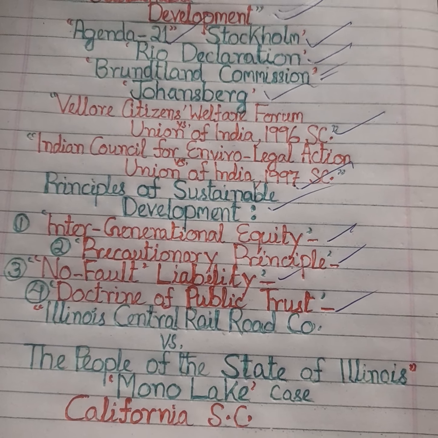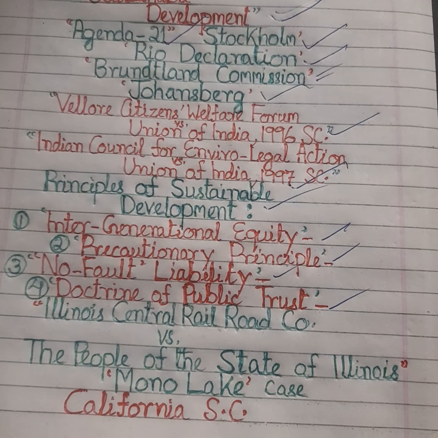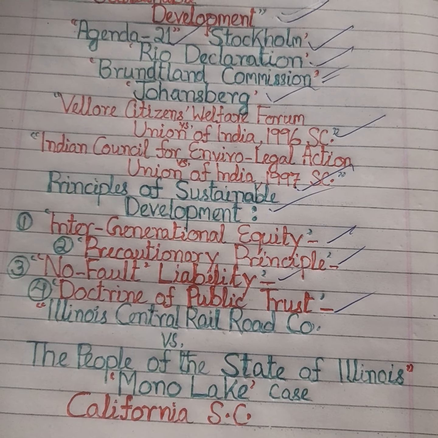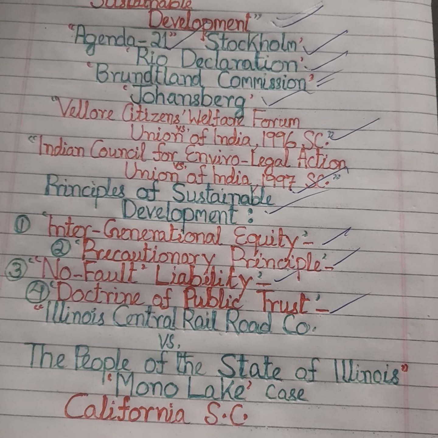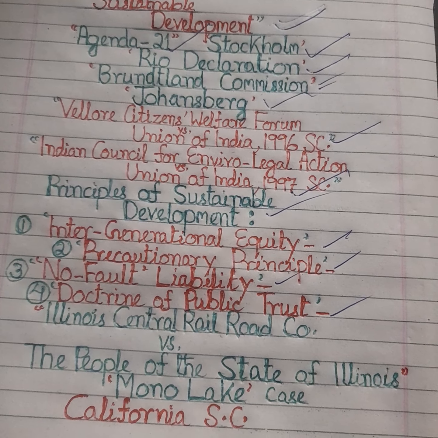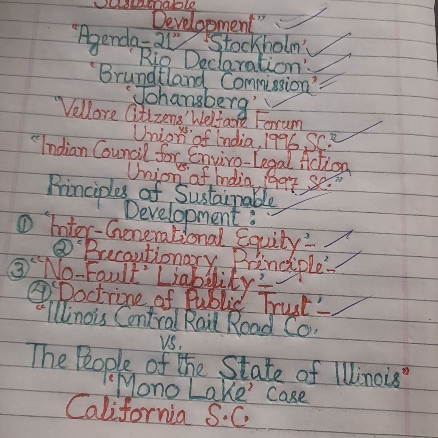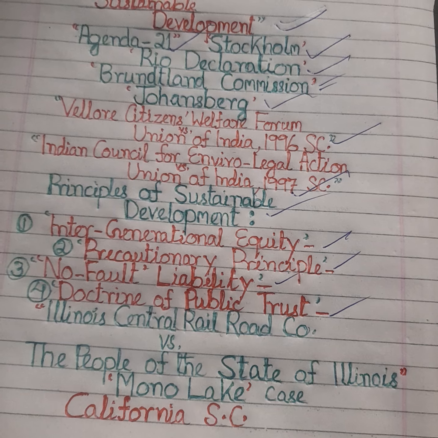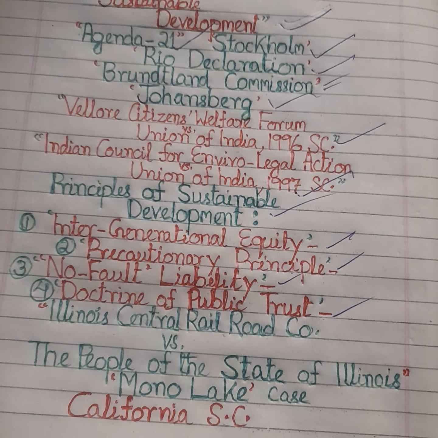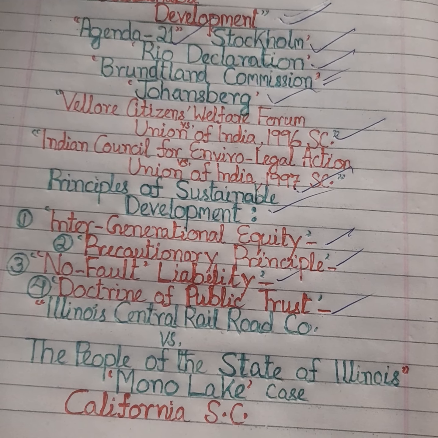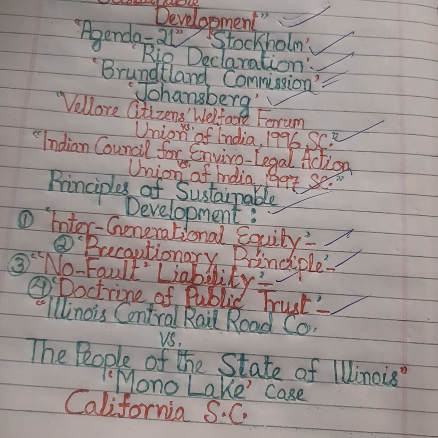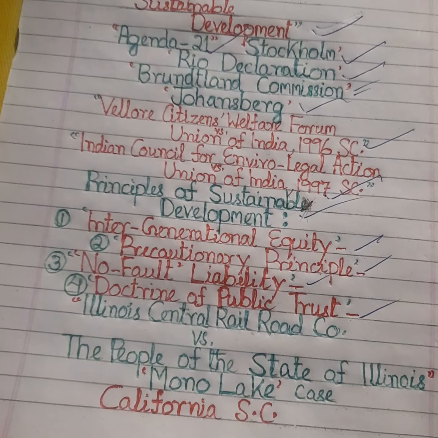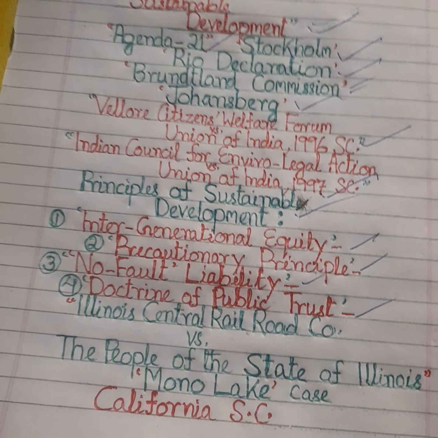And now we'll discuss the second principle of sustainable development, and that is the precautionary principle, which means the principle of establishing a duty to take such measures that anticipate, prevent, and attack the causes of environmental degradation.